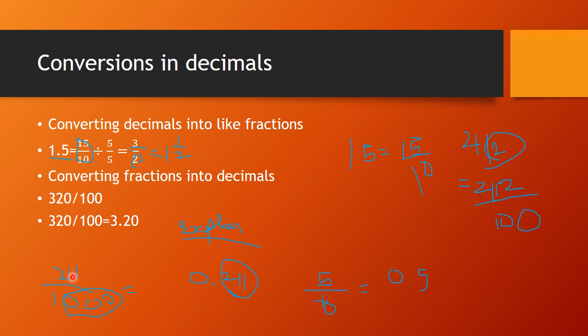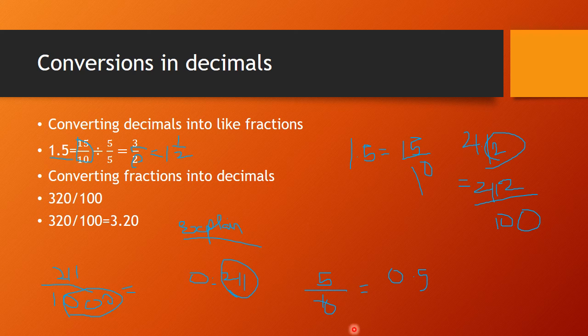After the decimal point we should have 3 digits. Why? Because in the denominator we have 3 zeros. So it will be 0.211, as in the denominator we have 3 zeros, so after the decimal point also we should have 3 digits.